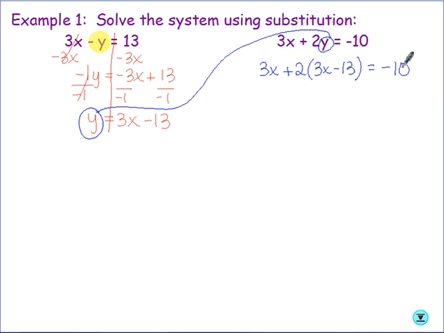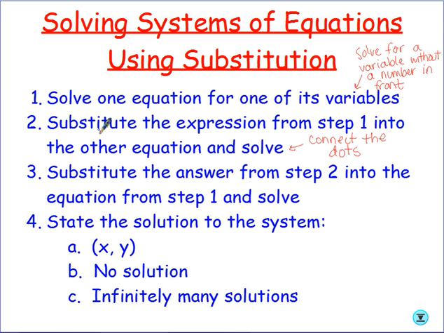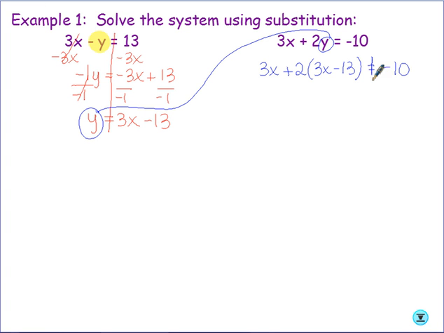Now, the rest of that step says, now that we've substituted, we need to solve. I'm going to put up my line, and we're going to solve like we did in Unit 1. First step, distributing. Keep the 3x. 2 times 3x is positive 6x. 2 times negative 13 is negative 26. Keep the equals negative 10.